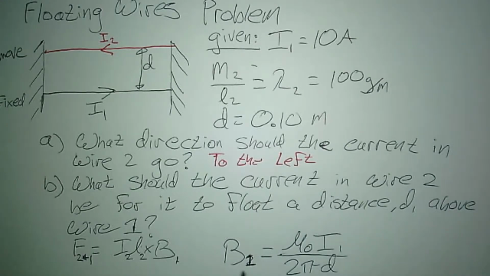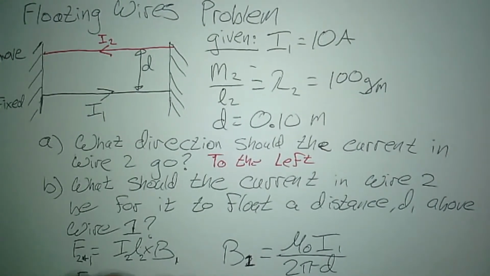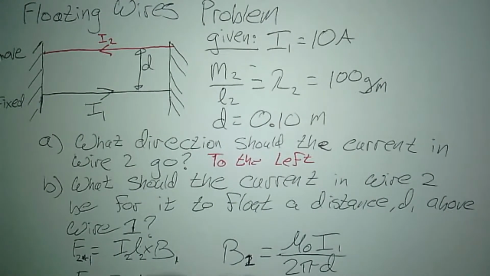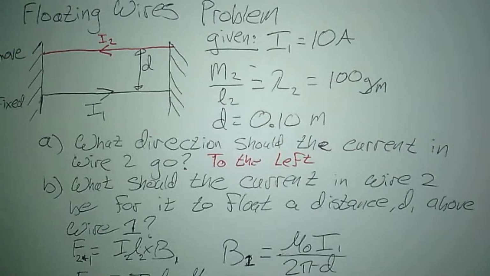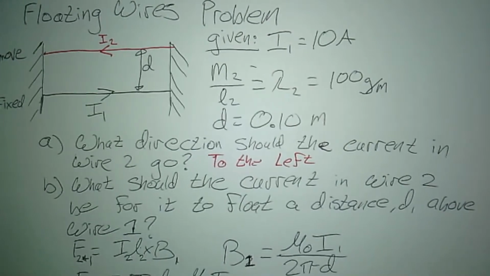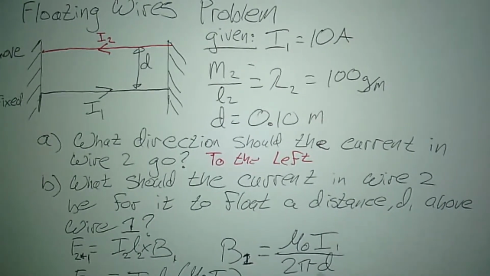So now I just take this and put it into here, and we'll solve for that. F on 2 from 1 is equal to I2 L2 mu naught I1 over 2 pi d. Put that in parentheses so we know where those all came together.